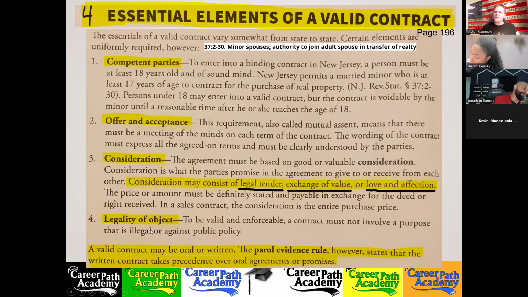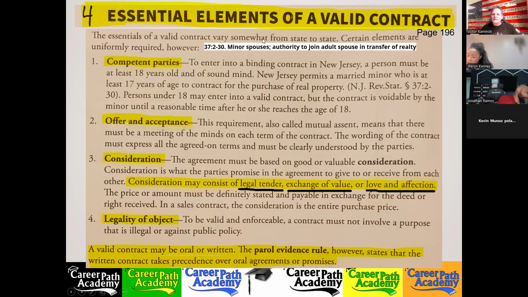And then legality of the object or purpose of the contract. And while you're at it, highlight the sentence here about the parole evidence rule. Got it.